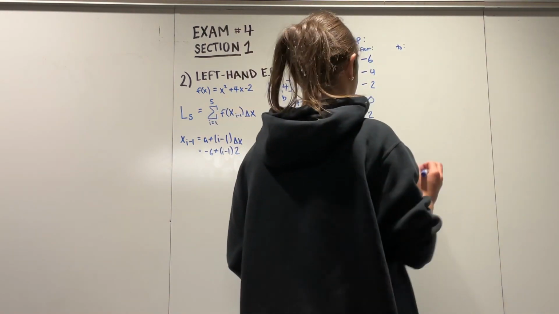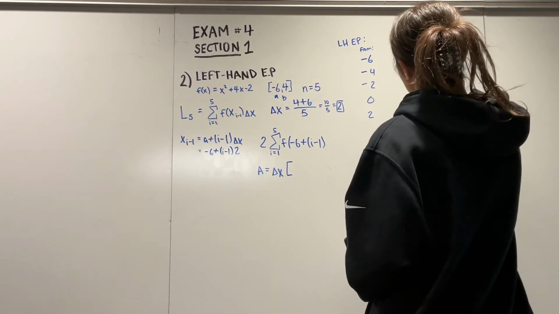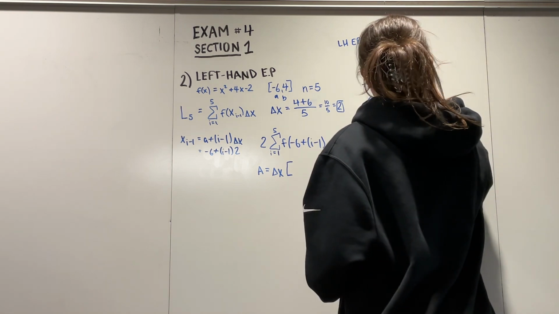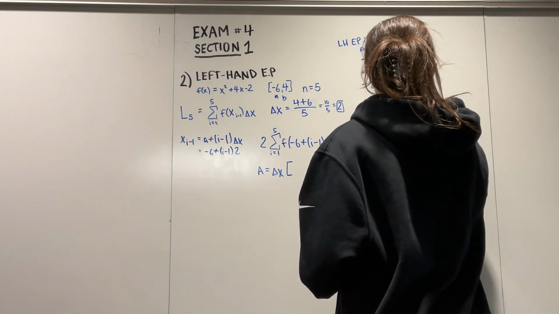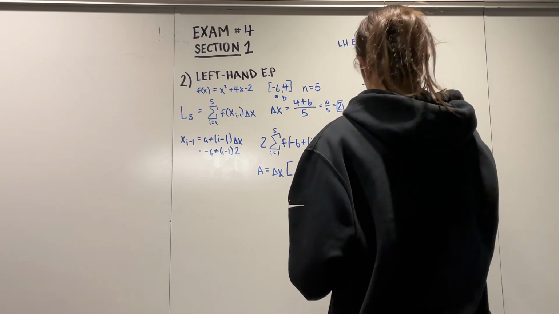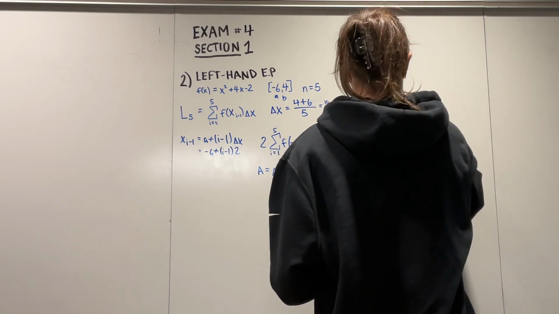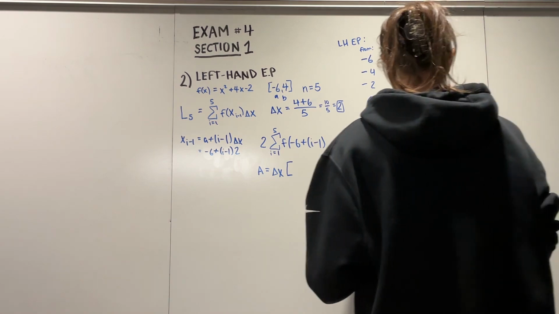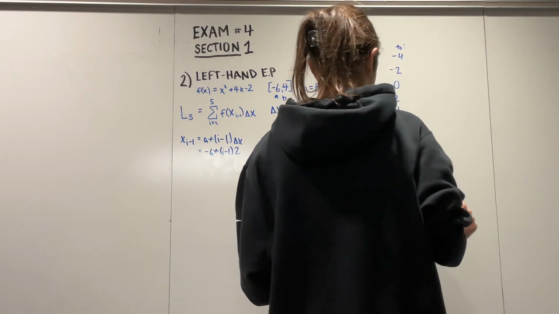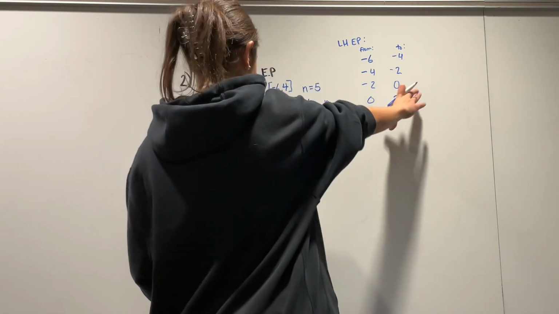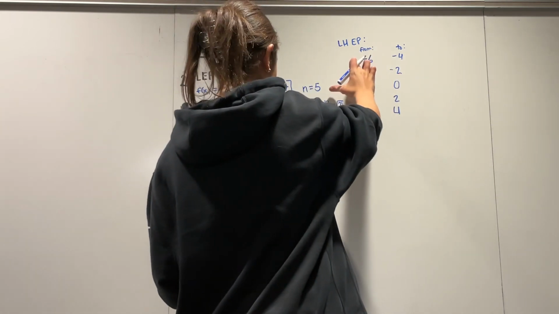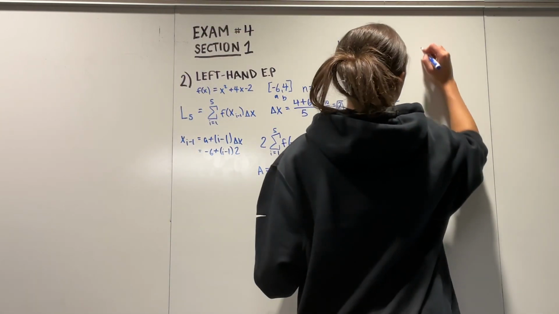So then it's going to be to this last number, so it's going to be -4, -2, 0, 2, 4. And then we're going to plug this into this number.